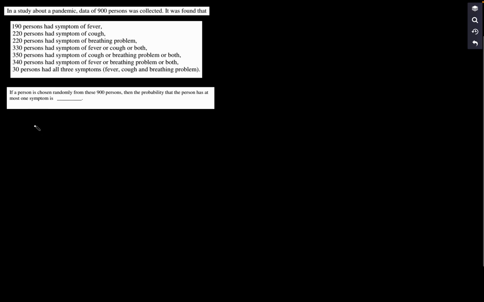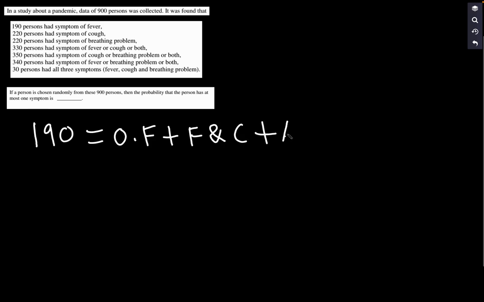There are 190 persons who have the symptom of fever, which is composed of people who have only fever, plus both fever and cough, plus people who have all symptoms.